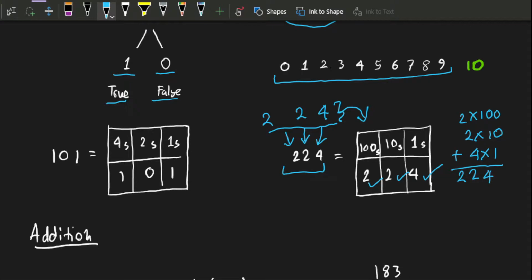Similarly, in binary, the number 101 can be represented in decimal as ones, twos, and 4s because it is a base 2 number system.